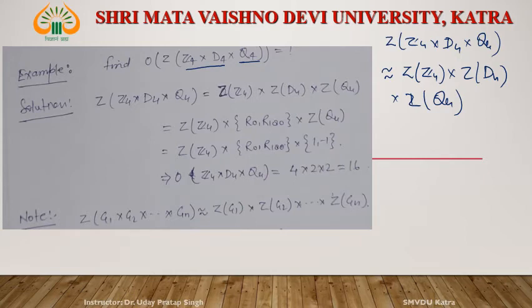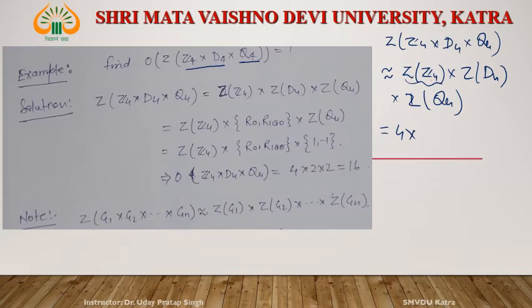This is isomorphic to this one by the above theorem. Then what is Z of Z4? The order of Z of Z4 is 4, since Z4 is abelian.